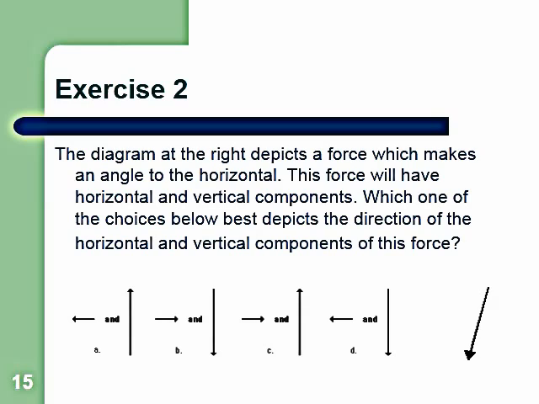Okay, welcome back. Let's break it down. We'll look at A first. If we draw the vertical component and nose to tail, of course, there we have the horizontal component.